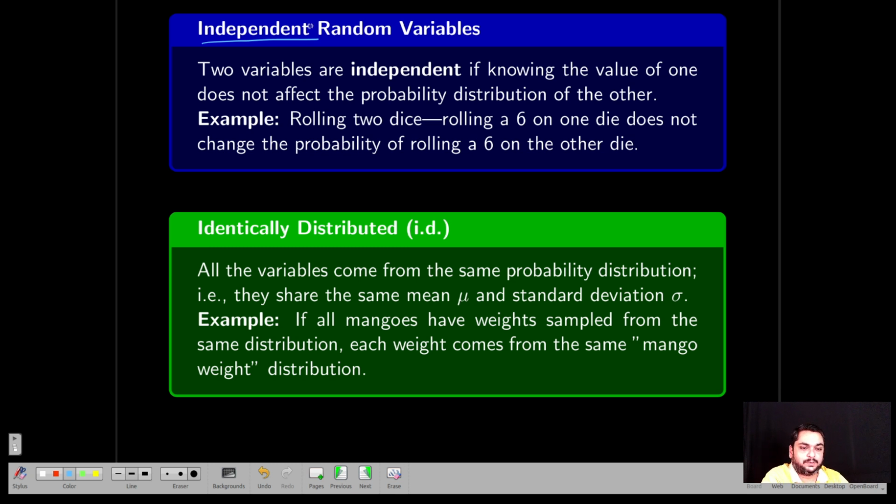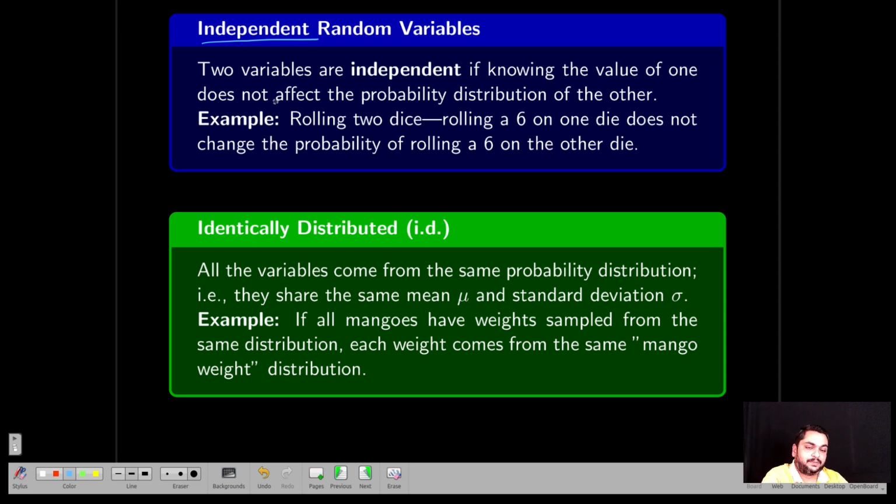Independent random variables: x1 is independent, x2 is independent. Similarly, when I say x1 to xn, all sample points x1, x2 up to xn are independent random variables. That is the first condition. Next, identically distributed. What does that mean?